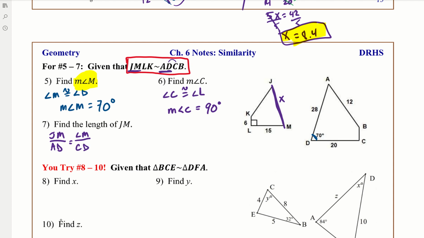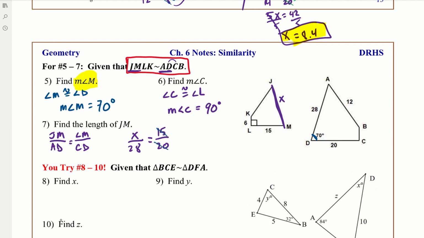Do I know CD? I do. So that gives me enough information to set up my ratio. JM, which is my X, over AD, which is 28, is equal to LM, which is 15, over CD, which is 20. Now I have something set up that I can solve.